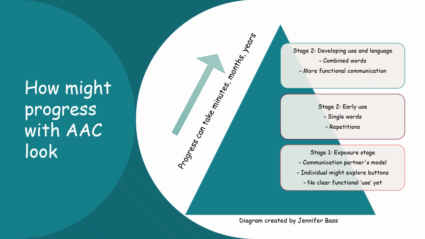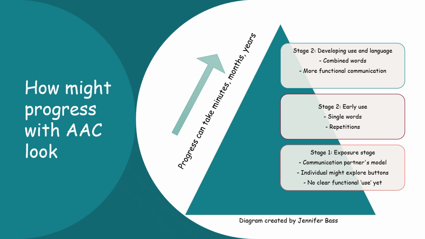And they may spend a lot of time watching adults model the language, exploring the buttons and becoming familiar with the system. So at this stage we may not see any clear functional communication yet, but that doesn't mean that learning isn't happening. They then might move into stage 2, which is where we often start to see AAC emerge, the use of it early in their language. And this might be single words, requests, comments, or sometimes repeated use of favourite buttons or phrases.